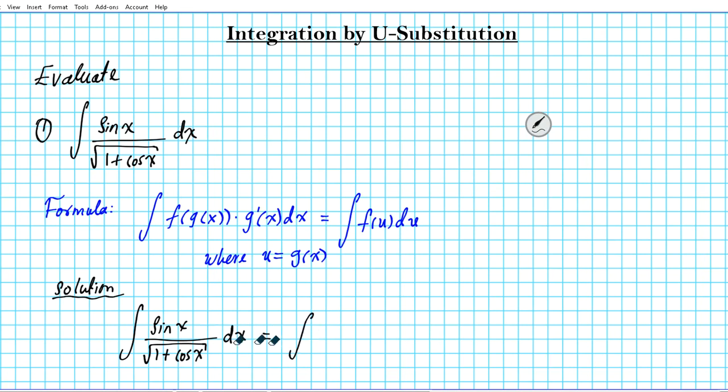We have the integral of the composite function, which is 1 over the square root of 1 plus cosine x, a composition of rational, radical, and trig functions. And then we have the other function, sine x, which I'll put to the side, sine x dx.